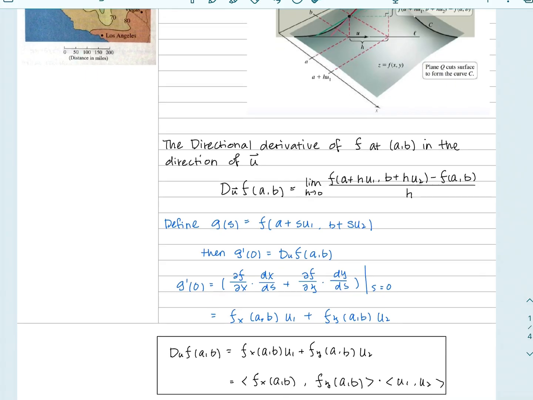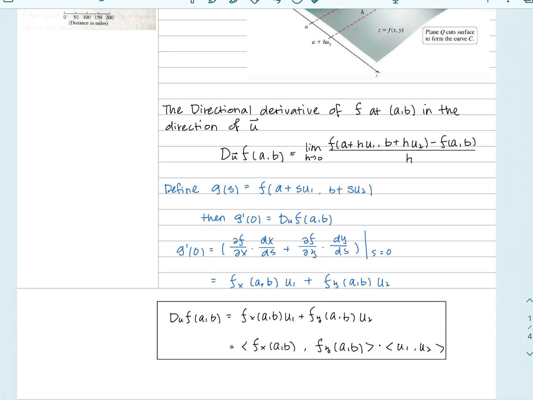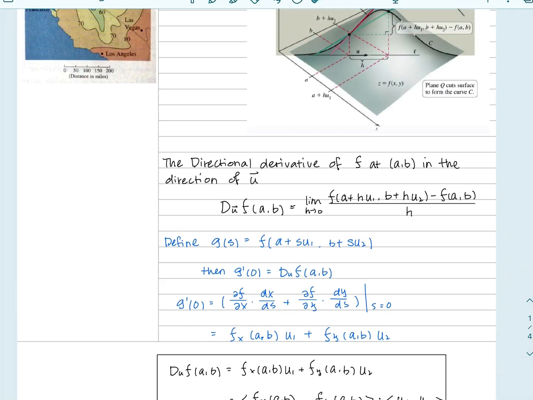So how do we use derivatives to find directional derivatives? We don't want to use the limit to get the directional derivative every time. We will define a one-variable function. We call this g of s, where s is the parameter. We define g of s as f of a plus s u1, b plus s u2.